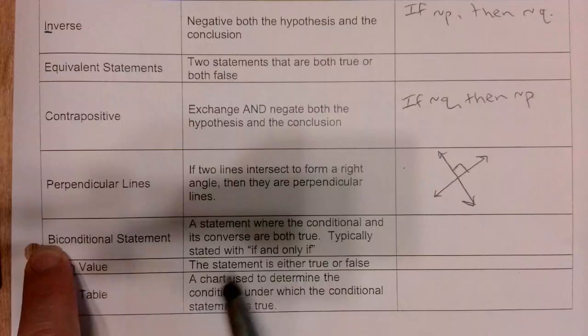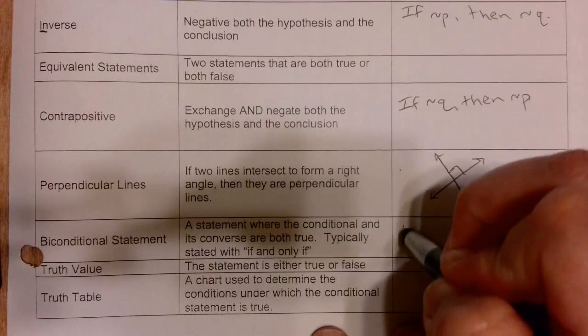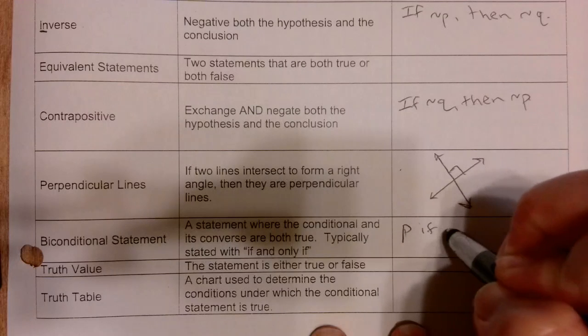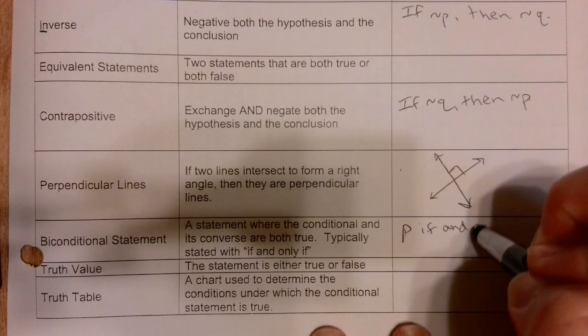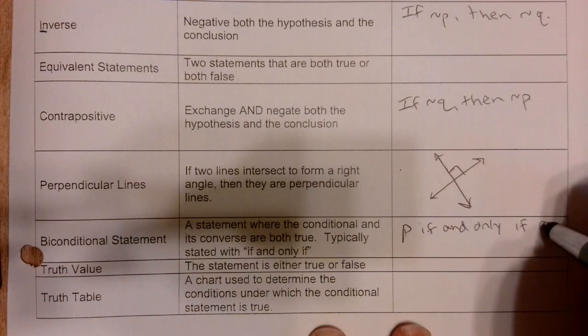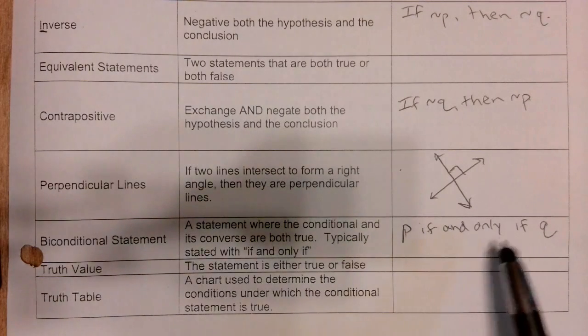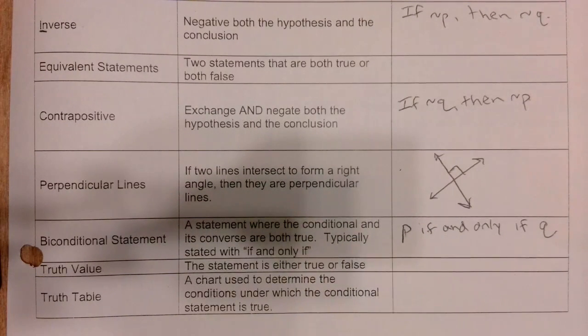Bi means it's going both directions. And what you write is P, if and only if Q. If you prefer, you could put Q if and only if P. You don't do it both ways.